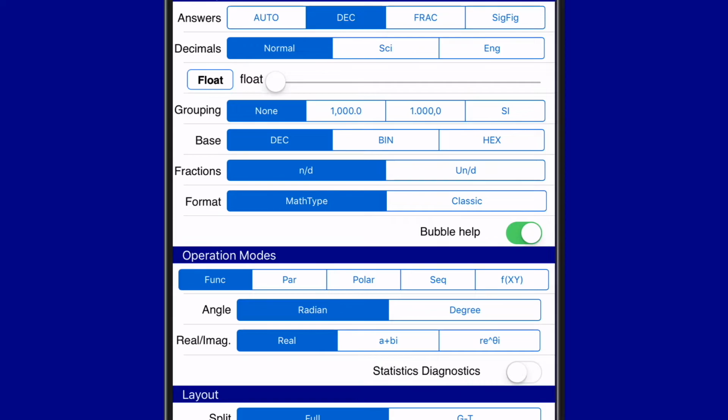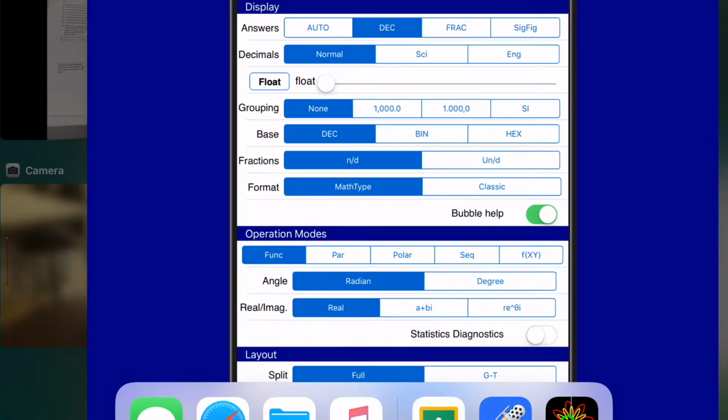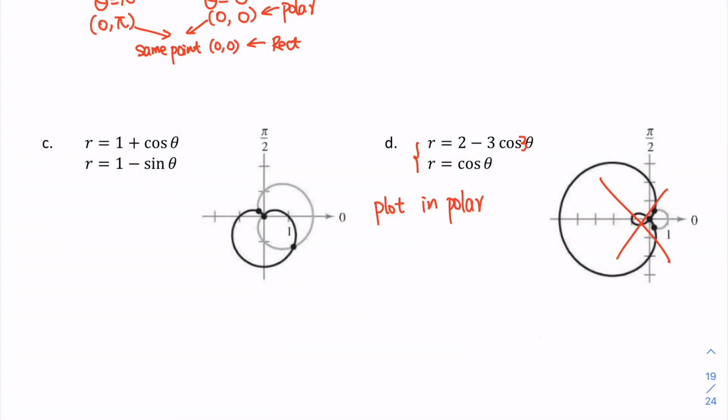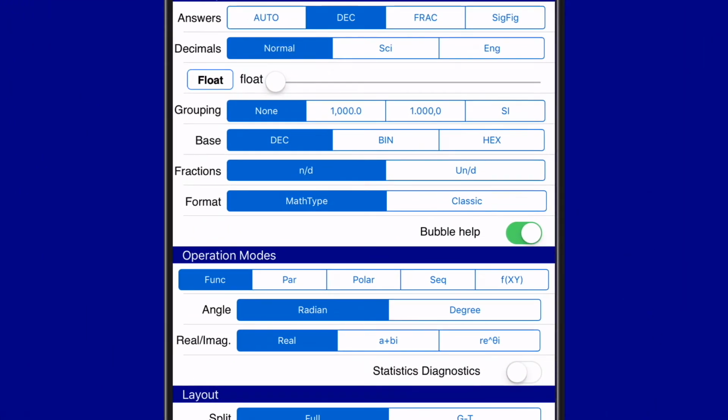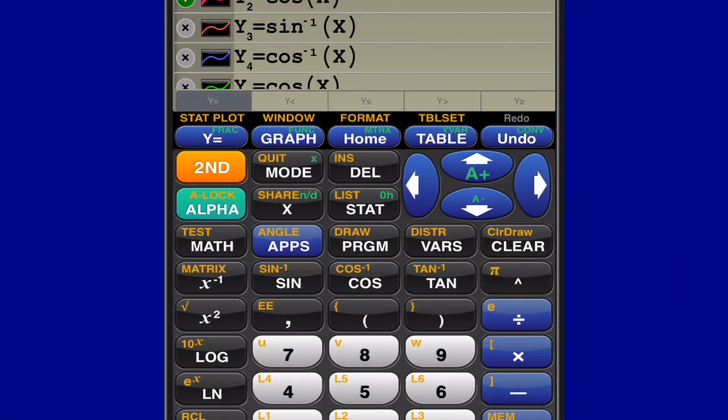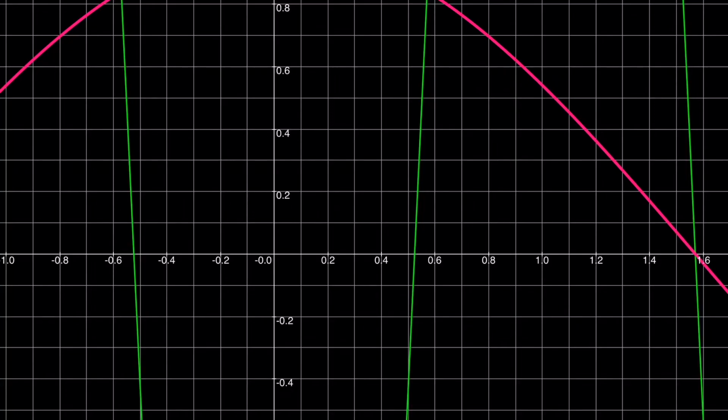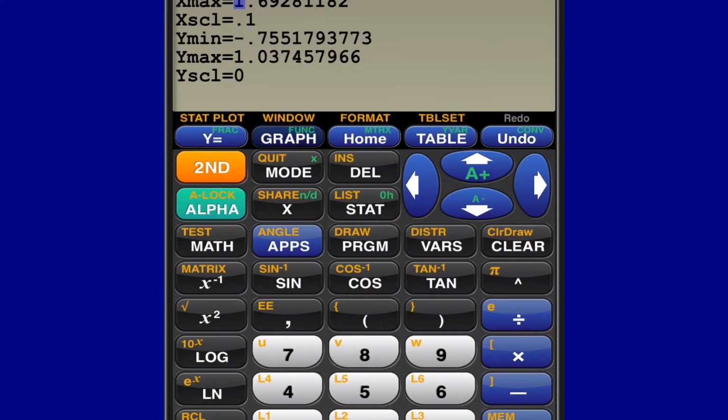Okay, let's look at the rectangular equation. If we want to solve for the intersections, we set 2 minus 3 cosine 3 theta equals cosine theta. We are going to plot y1 and y2 in the rectangular system, and we treat theta as x. When we graph it, let's set up a window, 0 to 2 pi in this case.